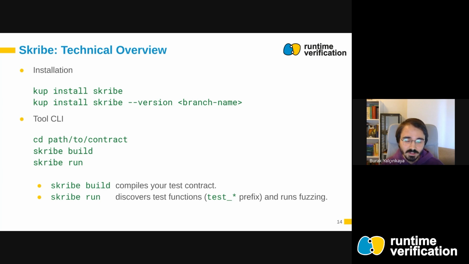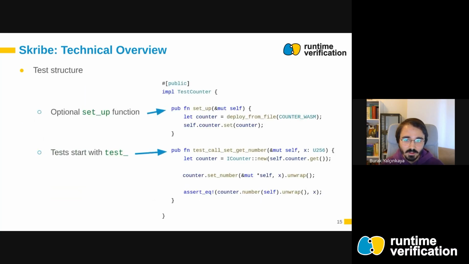Skribe run discovers the test functions in your test contract, which start with the test_ prefix, and runs them with random inputs. And this is a simple test contract. Again, as in Foundry, also in Skribe, we implement our tests in contracts.